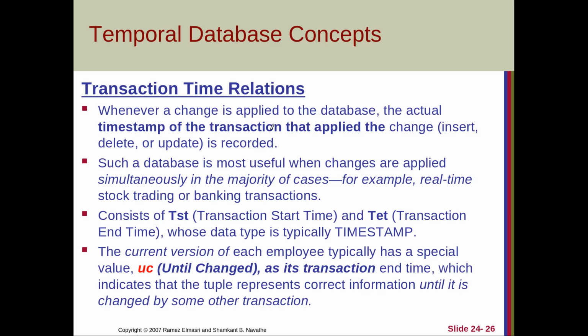Here, in a transaction time relation, we have not only the date but also the time. Timestamp means the date, month, year, and the time with hour, minute, second, and so on. All this information is recorded.